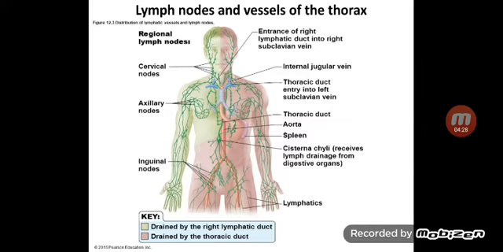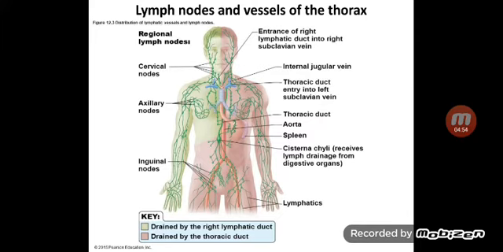But the lymphatic vessels of the skin of the posterior thoracic wall drain to the posterior axillary lymph node. So the skin of the anterior thoracic wall goes to the anterior axillary lymph node, and lymphatics of the skin of the posterior thoracic wall drain to the posterior axillary lymph node.